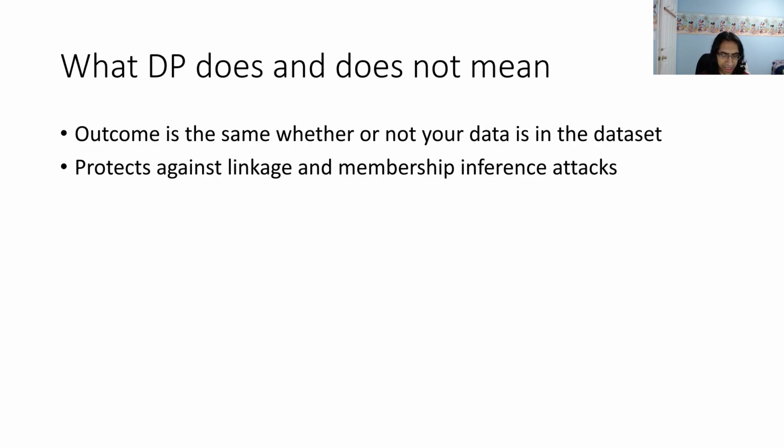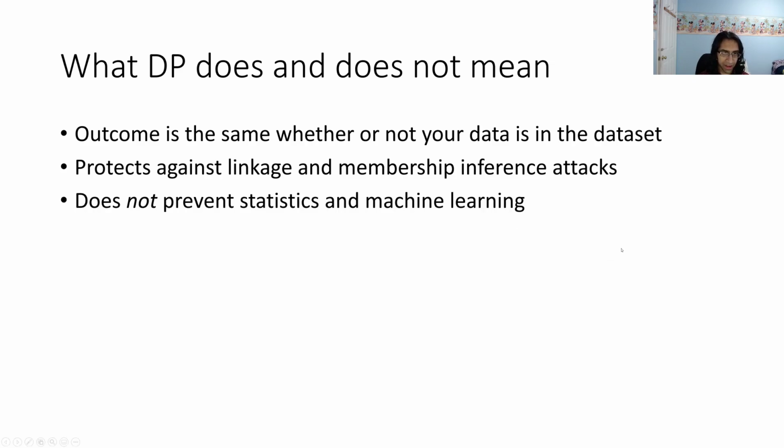Now, you have to be careful, though, because in particular, it does not preclude statistics in machine learning. Remember what I said a few slides ago, where if we had a perfectly accurate algorithm for the memorization example, that would in fact have been perfectly private, because it would have ignored flukes in our training data which said that this is more likely than it should be.